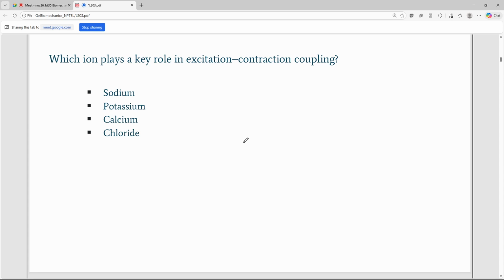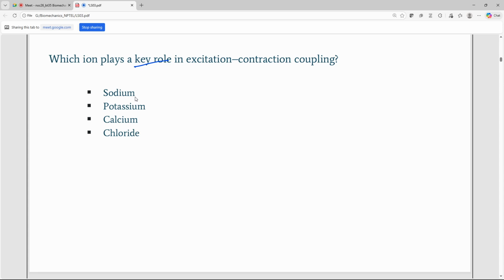Next question: which ion plays a key role in excitation contraction coupling? Is it sodium, potassium, calcium, or chloride?